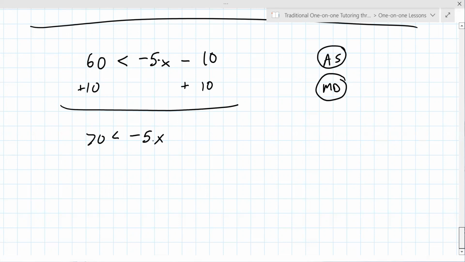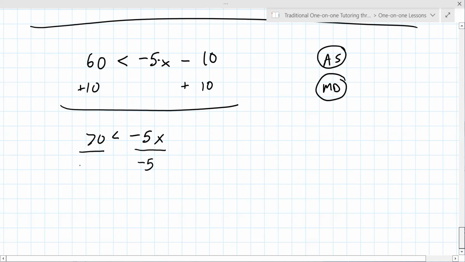Now what do you undo? The multiplication by -5. You always divide by the same number. What are you going to divide by? -5. Are you multiplying or dividing by a negative? Yes. So what happens to this inequality?